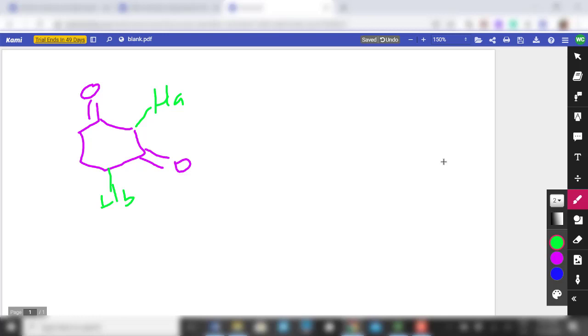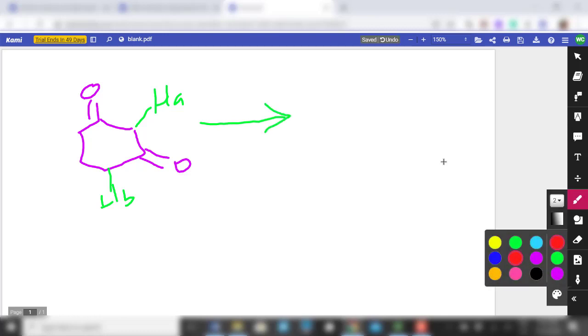This particular debrief is not about drawing resonance structures, so I will leave that to you to go and figure out yourself: why the resonance structures drawn after deprotonating HA are more stable compared to after deprotonating HB. Our main aim now is to illustrate the mechanism.